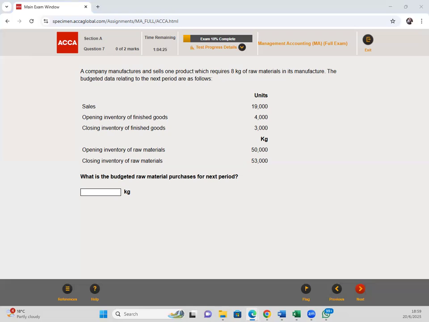Those who can take a pick, you can take a pick so that when I leave this screen, you'll be able to help me out with the amounts. A company manufactures and sells one product which requires 8 kgs of raw materials in its manufacture. The budgeted data relating to the next period is as follows.